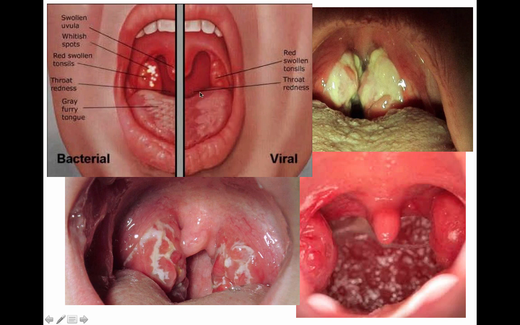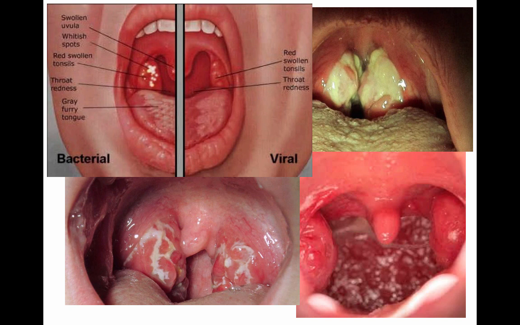However, what you typically don't see is the purulent, pus-containing spots. You don't see pus and white patches or yellow patches growing on the back of the throat here. In bacterial infections like strep throat, you will. You will see whitish spots. These are the purulent, pus-containing spots where the bacteria is growing, where the immune system cells are rushing in and trying to fight the infection, and they're dying.